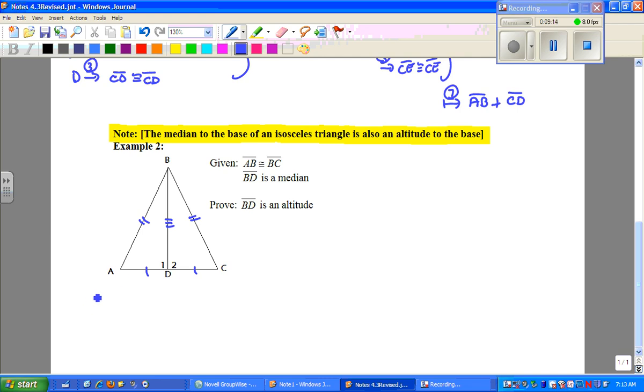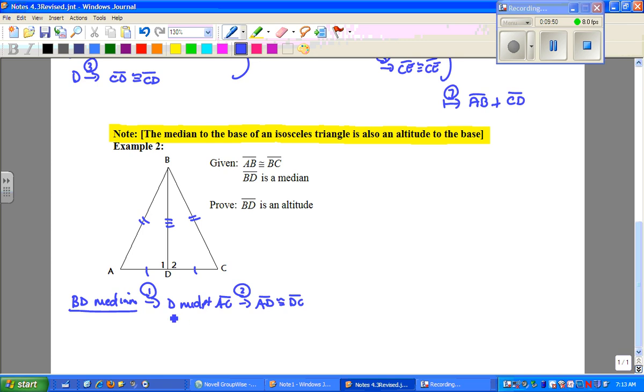So we're going to be able to prove these two. So what do we have? We're going to be able to prove these two triangles, ABD and CBD, by side, side, side. So let's do that. I always like to start with the more challenging one. So we got BD is a median. Underline it because it's given. Reason 1, we could say D is a midpoint of AC, which causes AD to be congruent to DC.